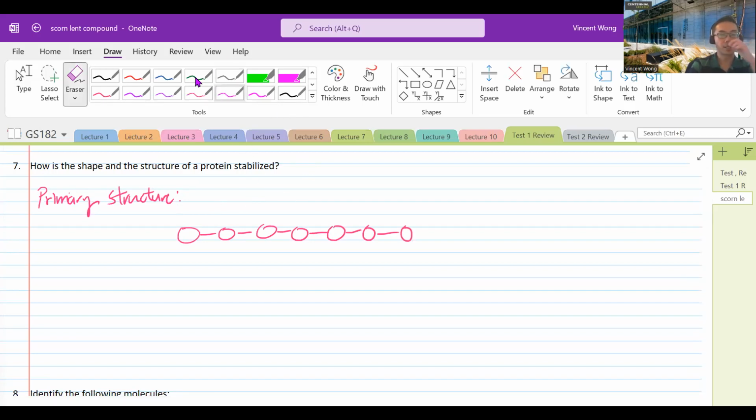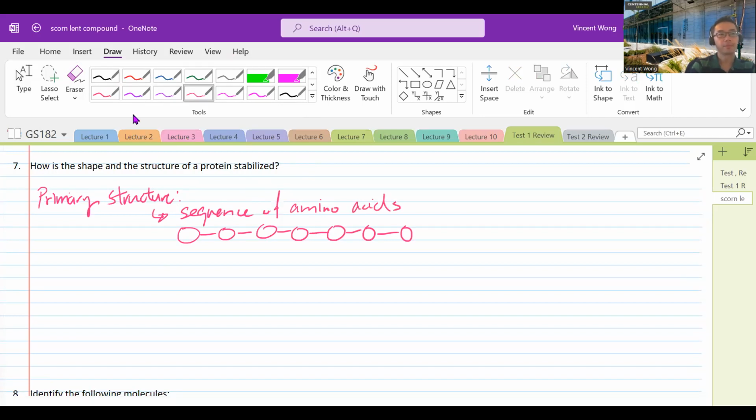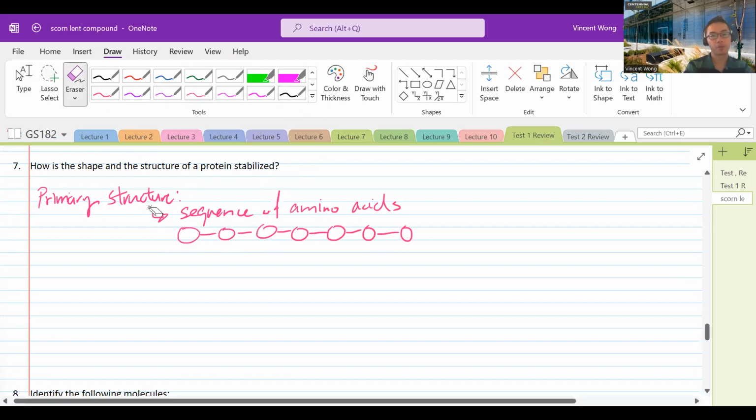This is called the primary sequence, which is the sequence of amino acids. If you read each of these amino acids in order, that's the primary structure. And what determines the order? The DNA has the instruction. Exactly how it does that, you will learn in the second half of the course.